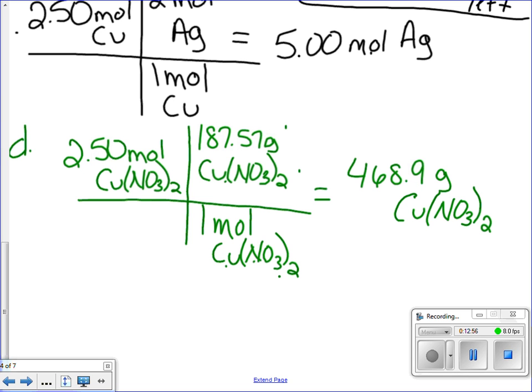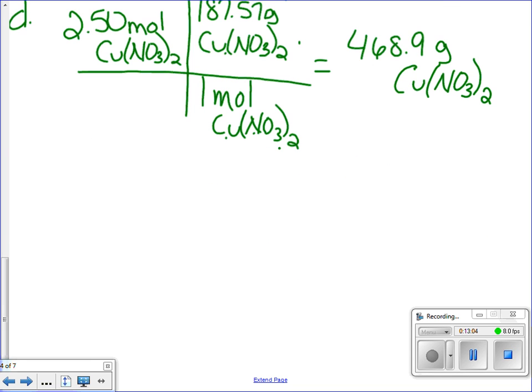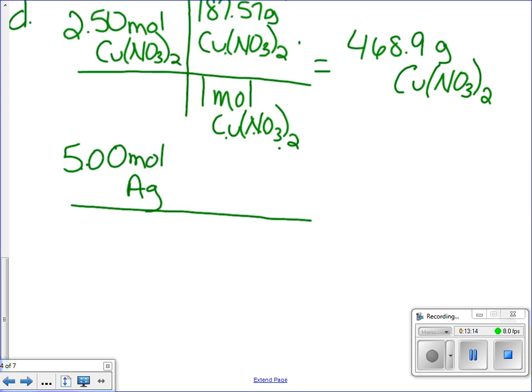So now we have to do the same thing with silver. So if we can make 5 moles of silver, how many grams is that? So we're going to set it up the same way. There should be a decimal point in there. If we look up the mass of silver on the periodic table, it's 107.87 grams.